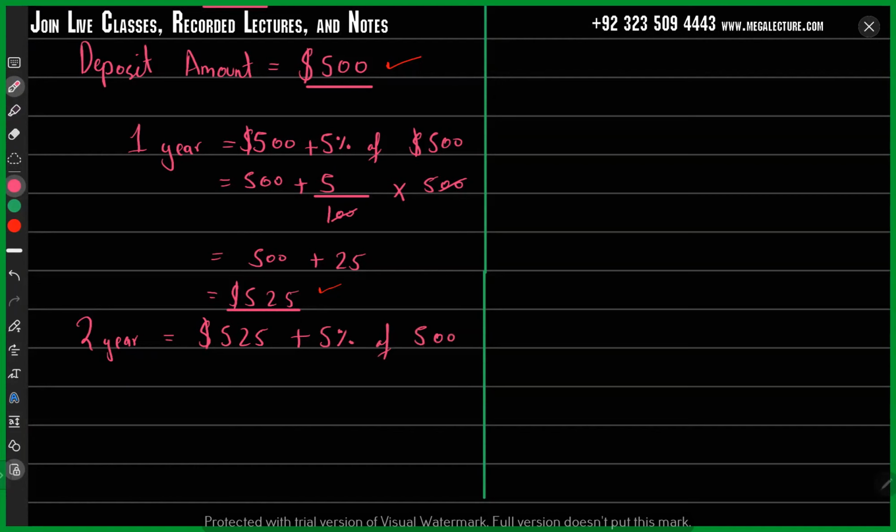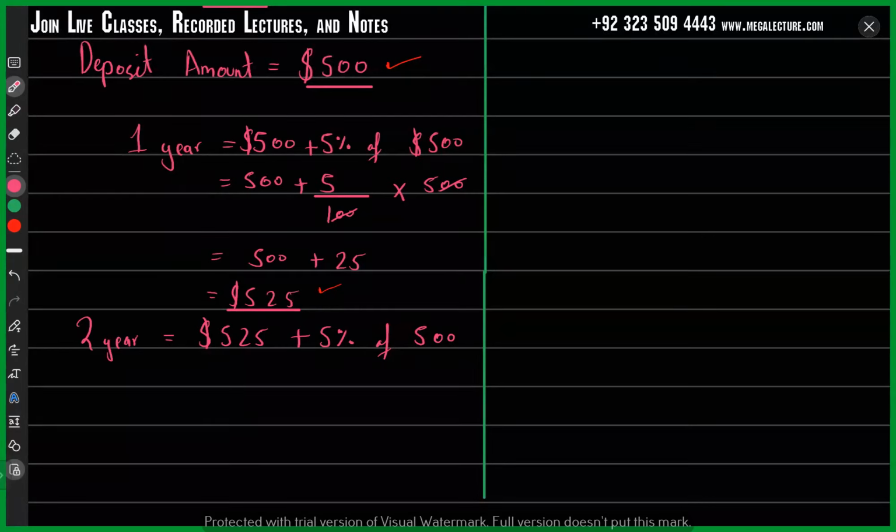This is the difference between simple interest and compound interest. In simple interest, every time I would be calculating the interest on the deposit amount, the initial amount, the principal amount that I deposited in the beginning. However, in compound interest, it would be the other way around.